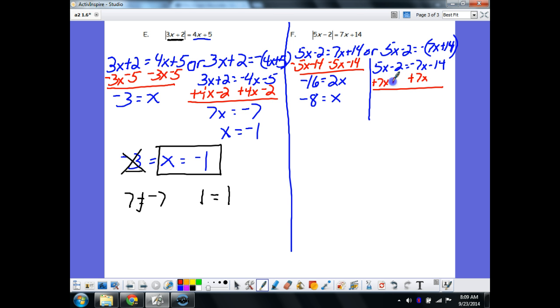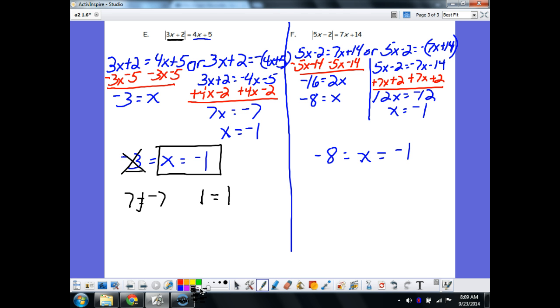Again, keeping that positive, and then we need to add 2 to get the constants on the other side. So once we do that, we have 12x equals negative 12, so x is equal to negative 1. So x can either be negative 8 or negative 1. It could be both. That's why we need to check.